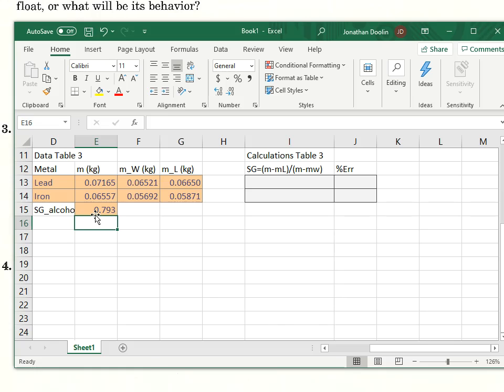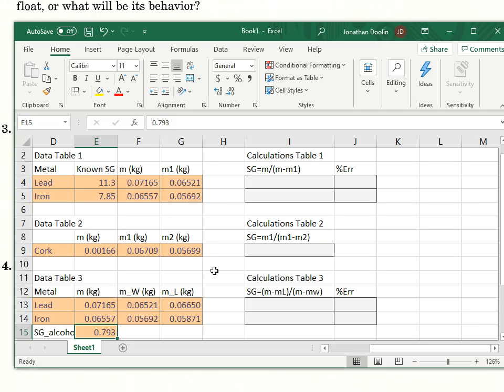I don't think I've given you Appendix 2, but the specific gravity of alcohol is 0.793 grams per centimeter cubed, or 793 kilograms per meter cubed.